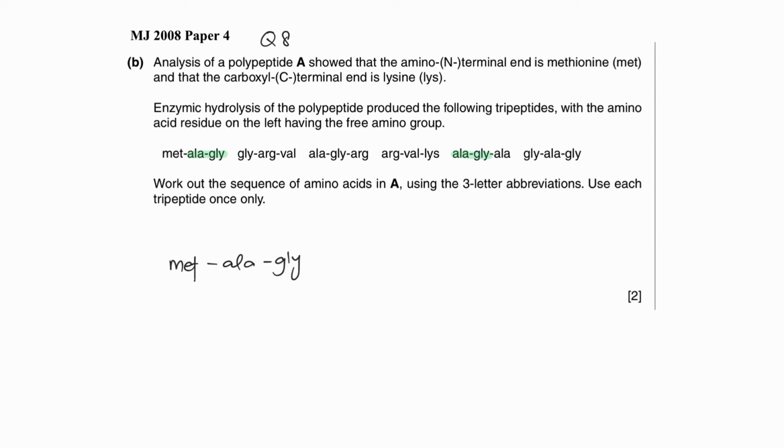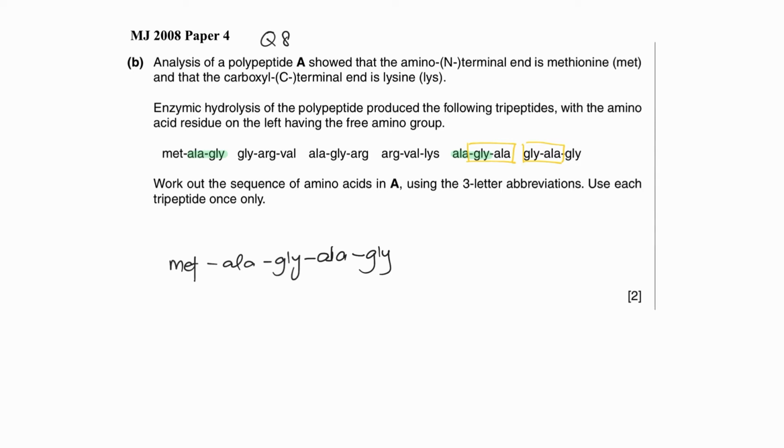So then we can know that the sequence continues with another ALA. So next to go, we will have GLY, ALA, and we can see GLY, ALA for another amino acid. So then we know that the structure continues with another GLY.